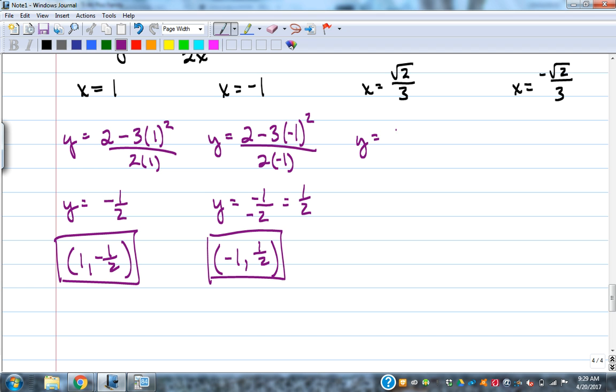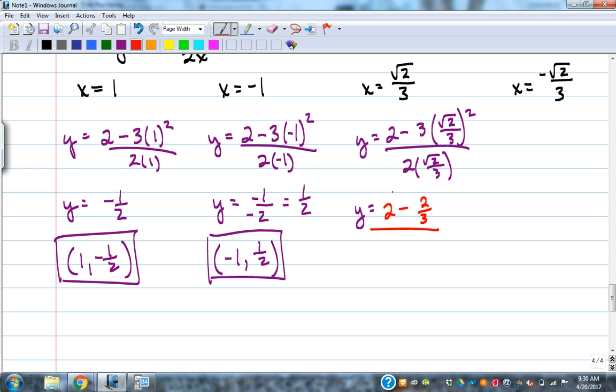And plug in positive square root of 2 over 3. Not as nice on these here because you got the square root of 2 in there. So it'd be 2 minus 2 over 3, over 2 square root of 2 over 3.